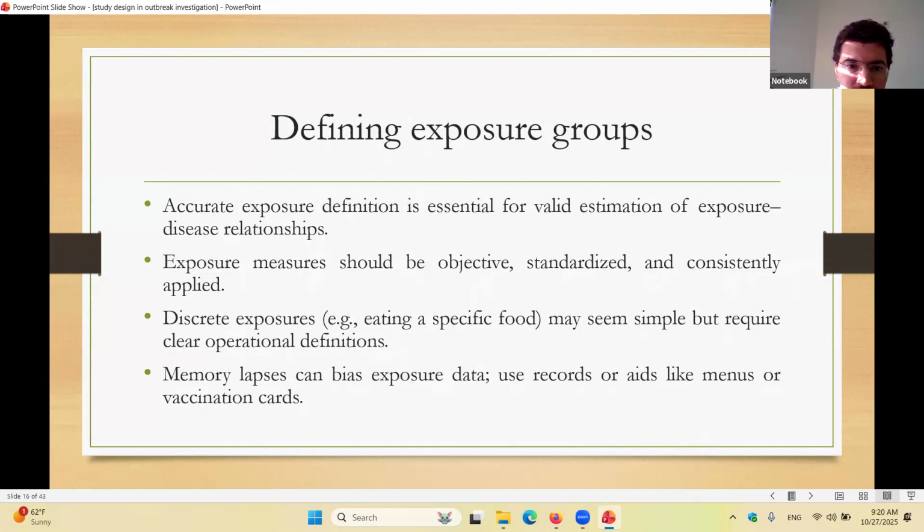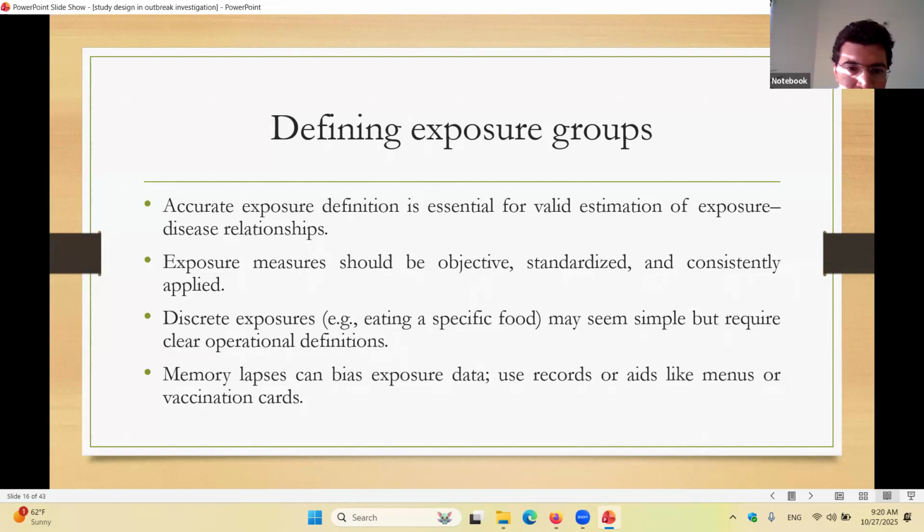Discrete exposures or binary exposures, for example, eating a specific food, as I mentioned in the example of cross-tabulation, may seem simple but require clear operational definitions.